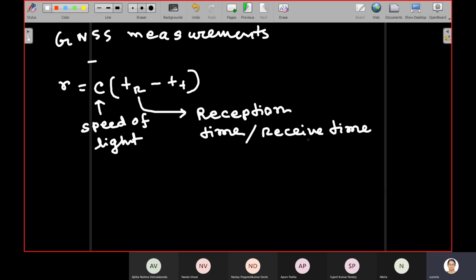So this is also called receipt time. Okay, it's not grammatically correct. It should be receipt time, but the practice is to use this term, receive time. Okay?